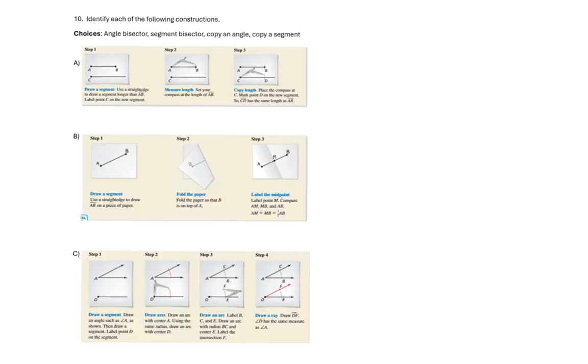All right, last one. It says just match the construction with its name. So the first one I see that I started with one segment, AB, and then I finished with another segment, CD, and it matches AB. So this one would be a copied segment. The second one, B, is me folding a piece of paper over.